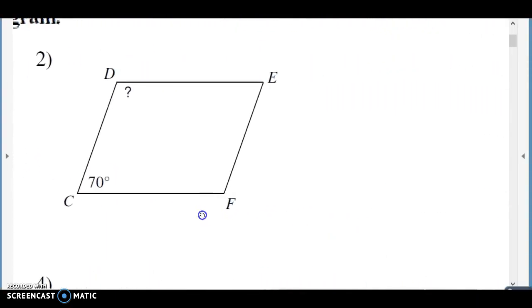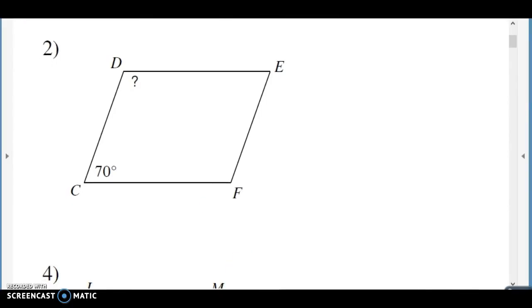Let's check out number 2. Number 2 is also quite an easy problem, but again, it's going through the process. We know this is a parallelogram. I'm not going to write parallelogram for all these. I'm just going to write p-gram. Now, what type of angles do we have here? Yes, these are consecutive angles.